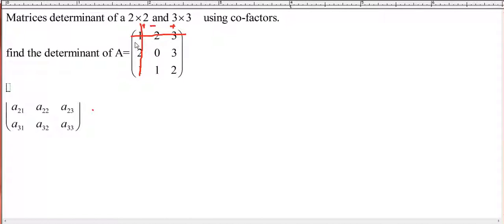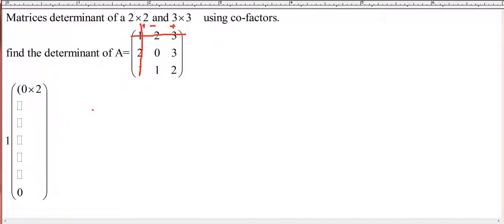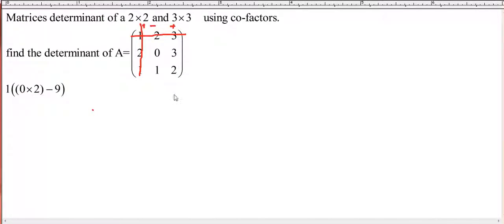This is 1, so it is now plus 1 because the sign here is plus, and then we multiply that one with the determinant of a matrix, which is 0 times 2, 0 times 2, and then from that we subtract 1 by 3. So it's minus 1 times 3.